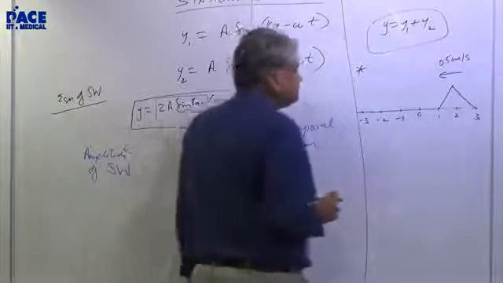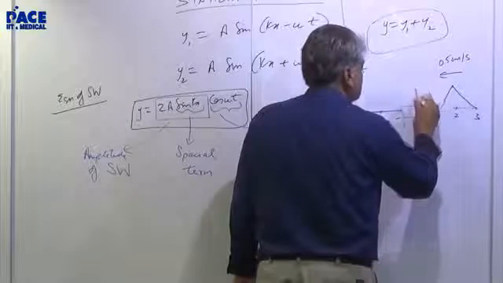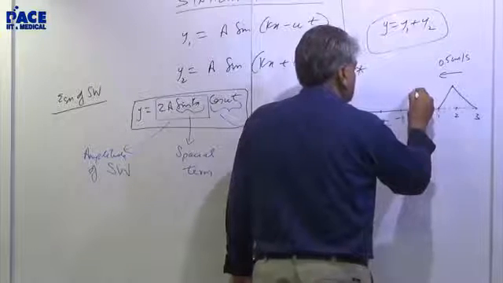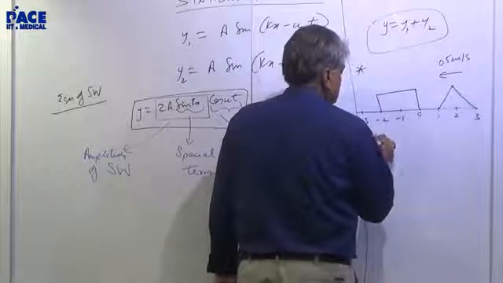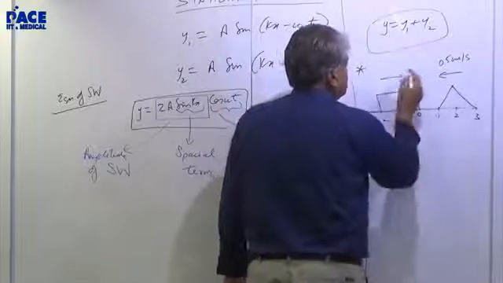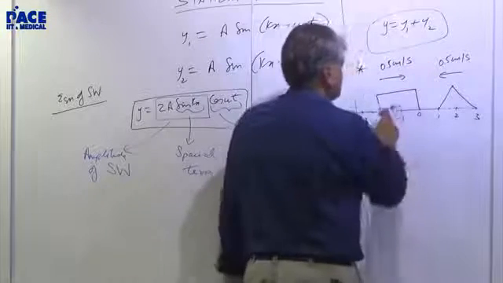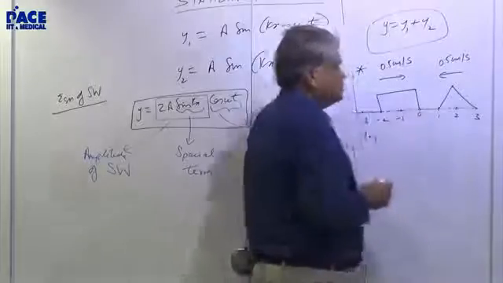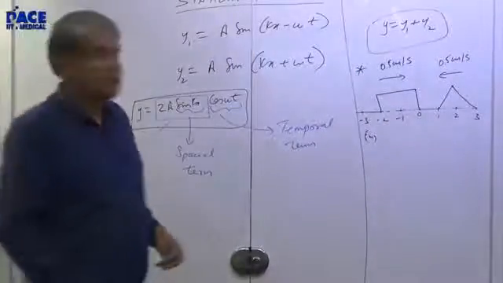This is also in centimeters, the x-axis. This is a square pulse which is traveling with 0.5 centimeter per second to the right. So two pulses are traveling and their speed is 0.5 centimeter per second.